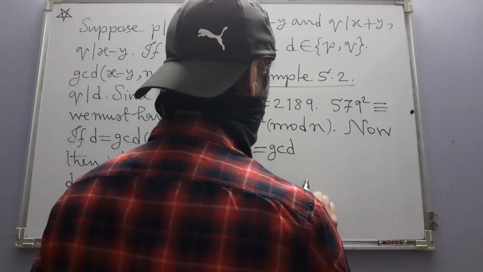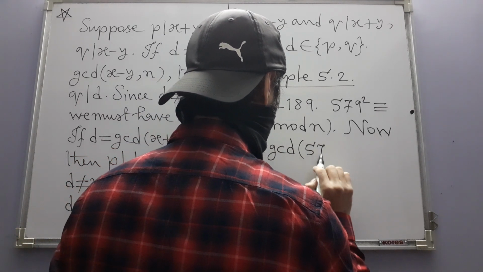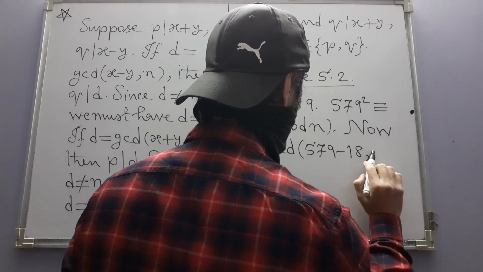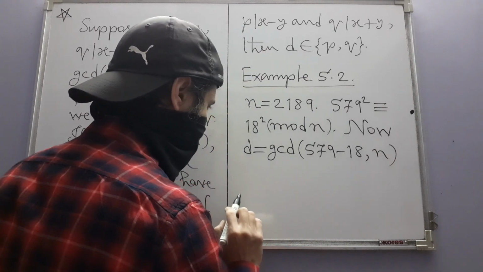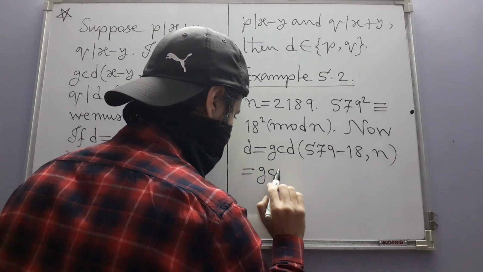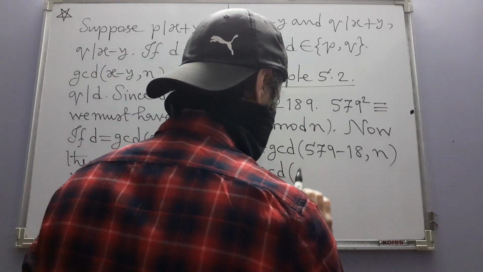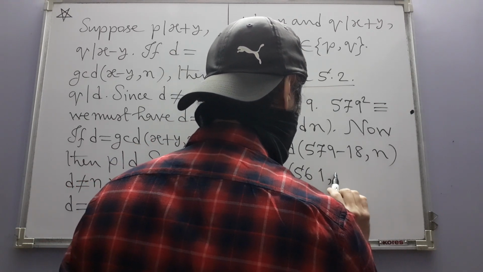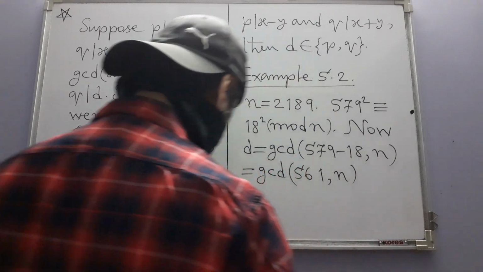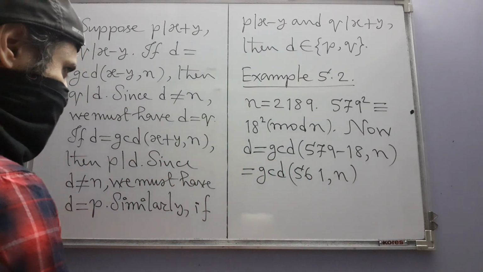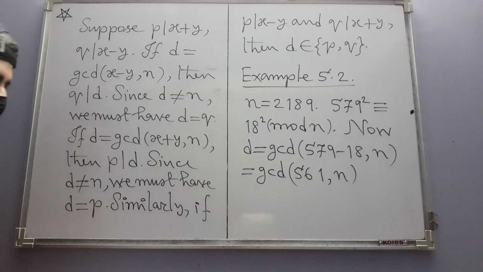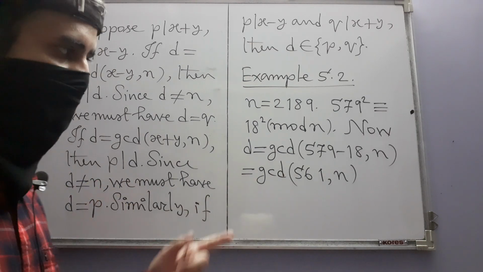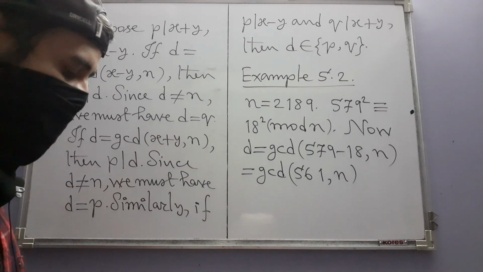Then we are calculating the GCD of 579 minus 18 and n, and this becomes 561 and n, where n is of course this. And this is where we have to use the Euclidean algorithm to calculate this GCD, which is a systematic procedure.